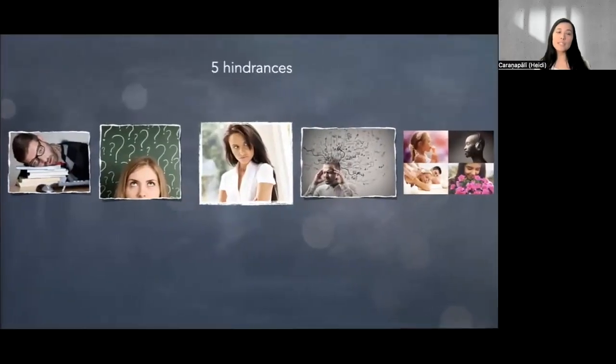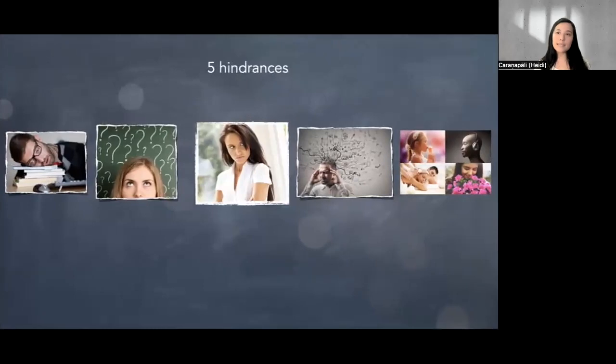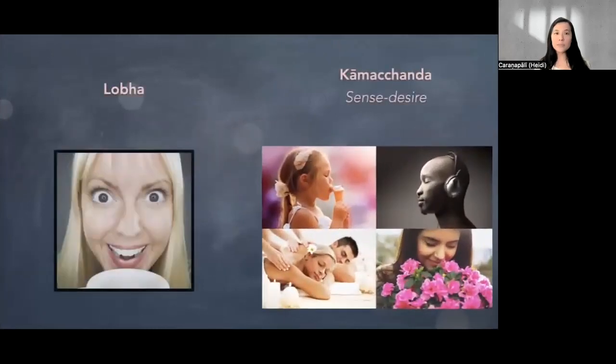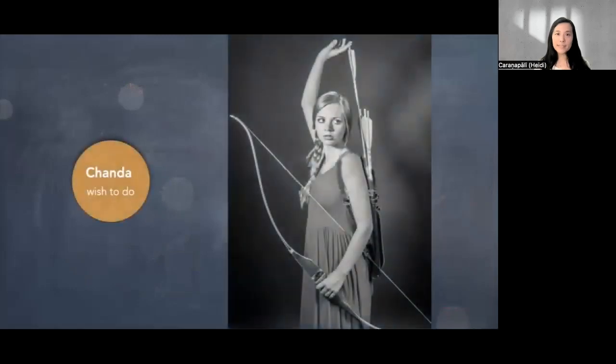So it's included in the five hindrances, this Kama Chanda. In ultimate reality, it is not the cetasika Chanda itself, although the name has Chanda, but actually it is Lobha. So it's a different cetasika in ultimate reality. Okay, so remember, Chanda is only the wish to do, doing any kind of thing, any kind of action.